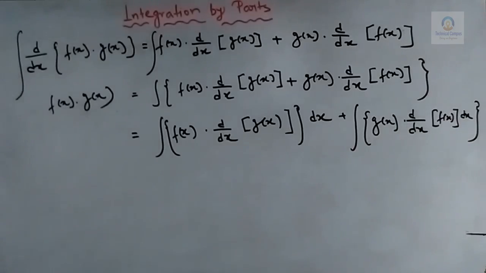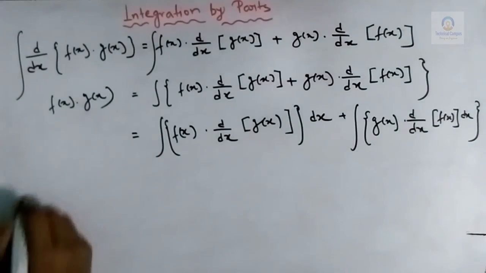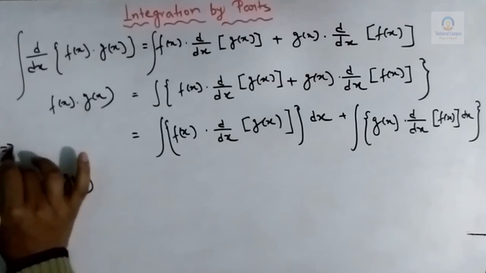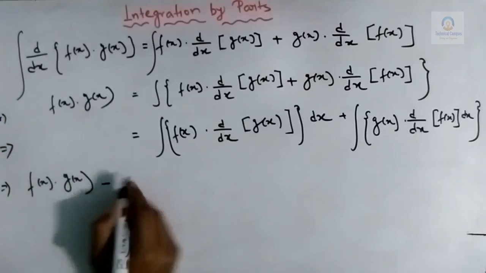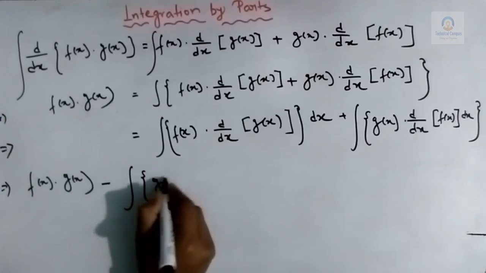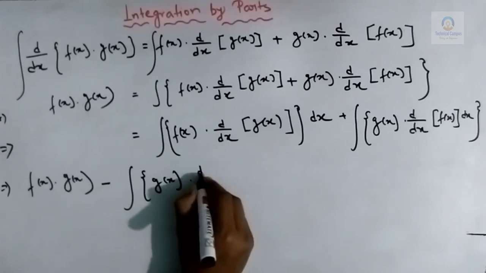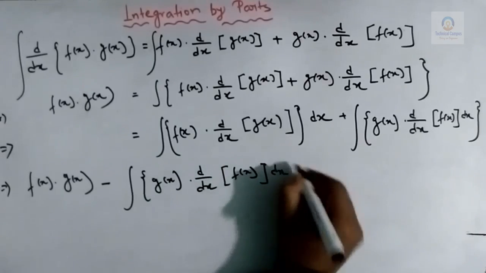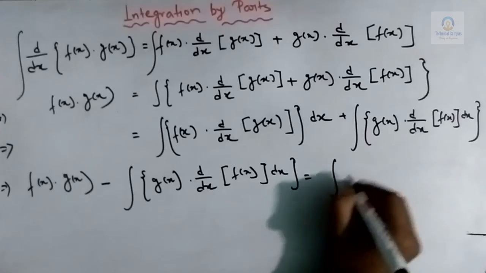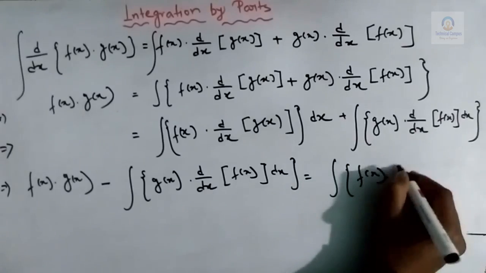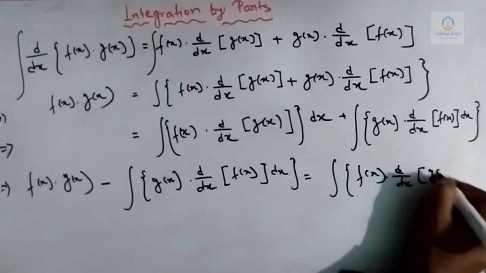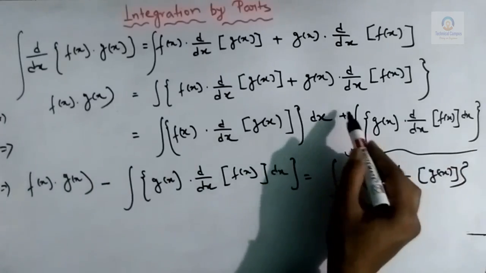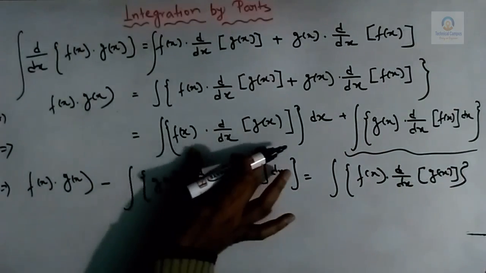Now if we bring this term to this side, it will be f(x) into g(x) minus the integration of g(x) into d/dx of function f(x) dx is equal to the integration of function f(x) into d/dx of the function g(x). We have just brought this term to this side, so this plus becomes minus on this side and the other term stays as it is.